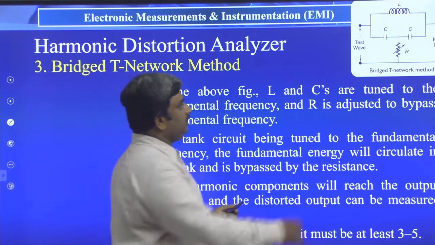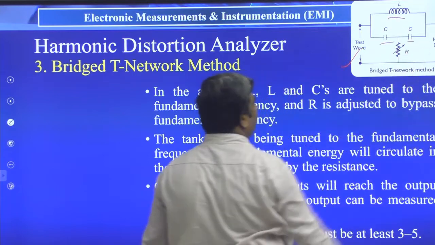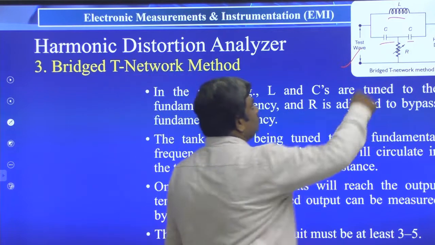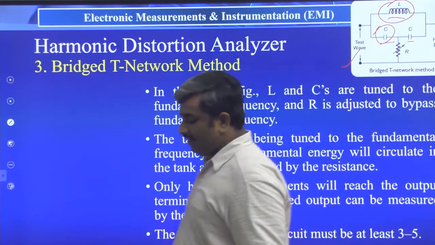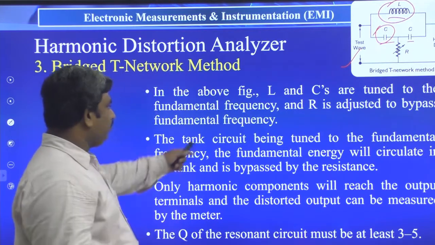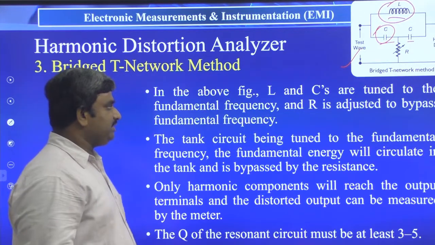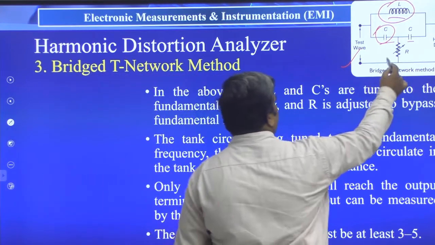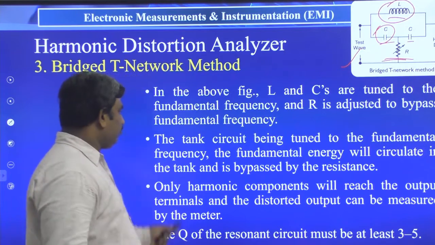Now the explanation of the bridged T-network method. In this figure, the L and C components are tuned to the fundamental frequency, and R is adjusted to bypass the fundamental frequency. By adjusting R also, we can bypass the fundamental frequency.